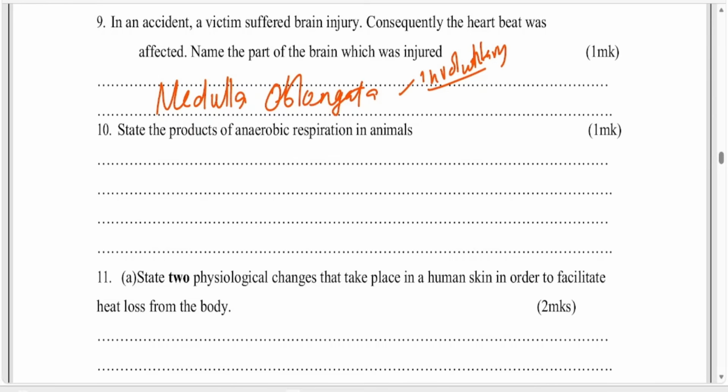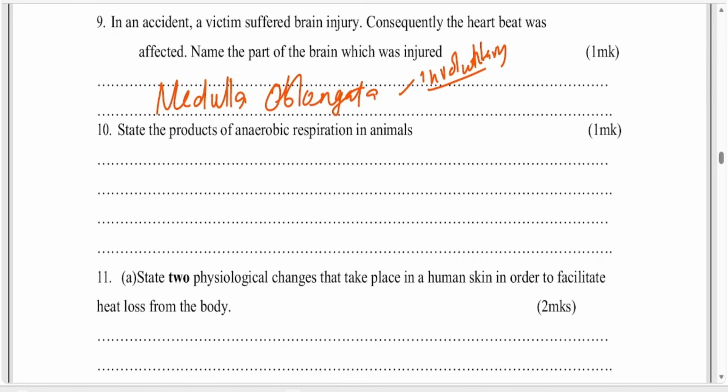In the previous question, I've just talked about the process of respiration, the phases of respiration under the anaerobic or aerobic respiration. And I've said that under the phase glycolysis, glucose is broken down to pyruvic acid first, and then it is converted in plants into ethanol, and in animals to lactic acid in absence of enough oxygen. So we are being told to state the products of anaerobic respiration in animals.